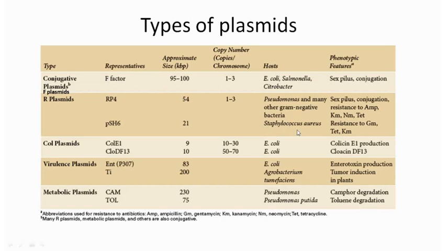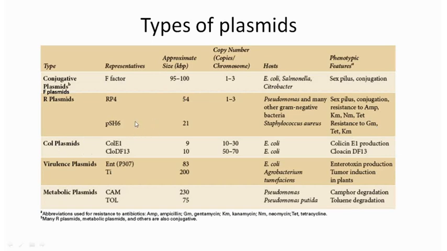Most of them are pathogenic, and that's why it often becomes difficult to treat pathogenic bacteria with a single antibiotic. They are also capable of self-transmission. They can form sex pili in conjugation as well, and they provide resistance against different antibiotics like ampicillin, kanamycin, neomycin, tetracycline, and this is probably gentamicin, tetracycline, kanamycin, this one, pSH6.